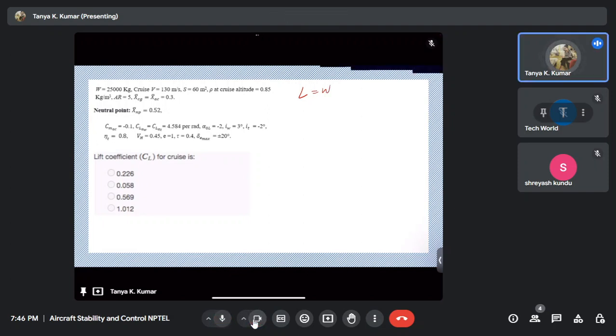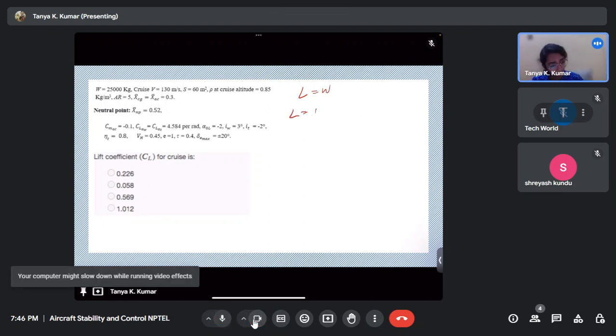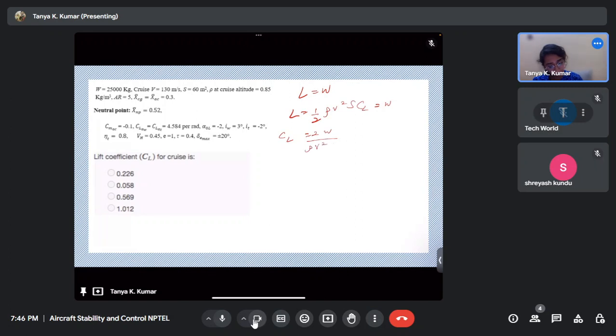It's very simple, right? You just have to write the lift equation, half rho v square S CL, and lift equal to weight. So CL is 2W by rho v square S. You substitute the values: 2 into 2500 into 9.81, by density 0.85, velocity 130, and S is given as 60.